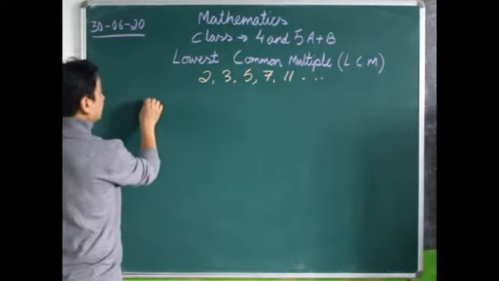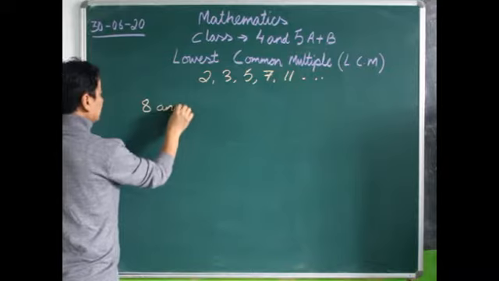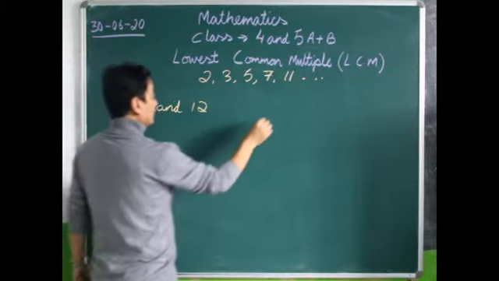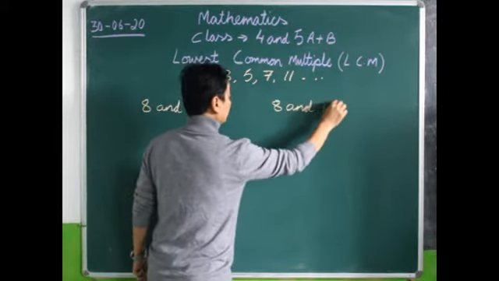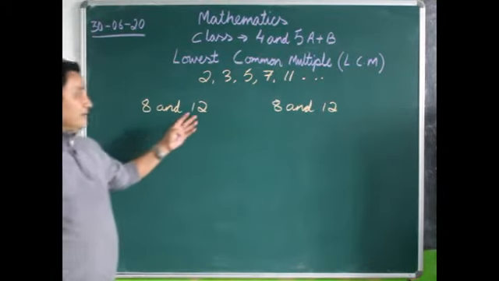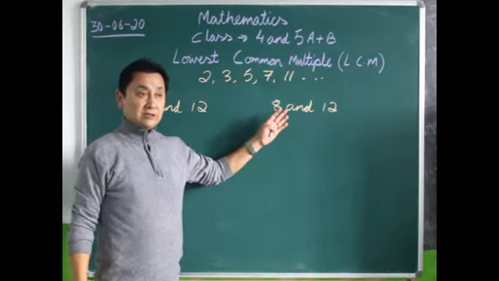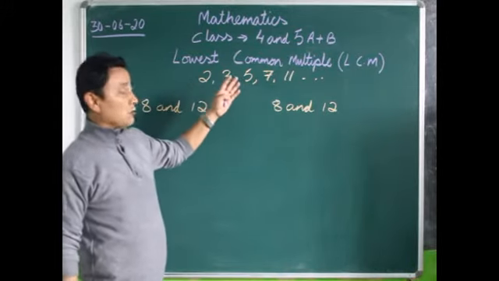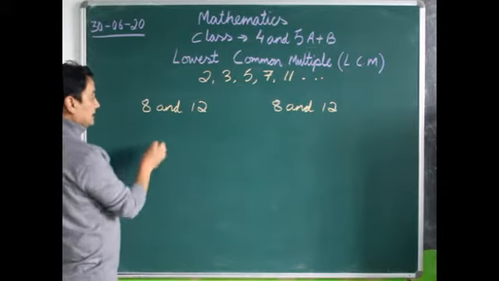For example, 8 and 12. One I'm going to find the HCF and the other I'm going to find the LCM, which we are going to do this week. It means the lowest common multiple. Okay, so let's see the difference.